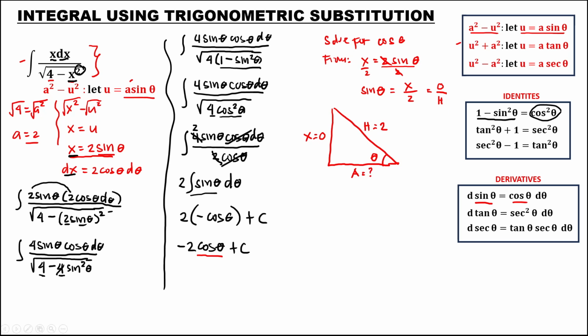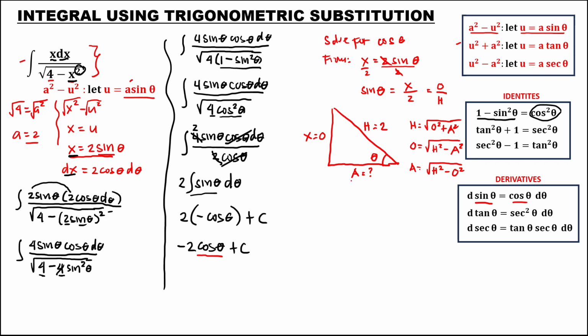From this right triangle, using the Pythagorean theorem, the hypotenuse is equal to the square root of the opposite squared plus the adjacent squared, and to solve for the adjacent, it is equal to the square root of the hypotenuse squared minus the opposite squared.